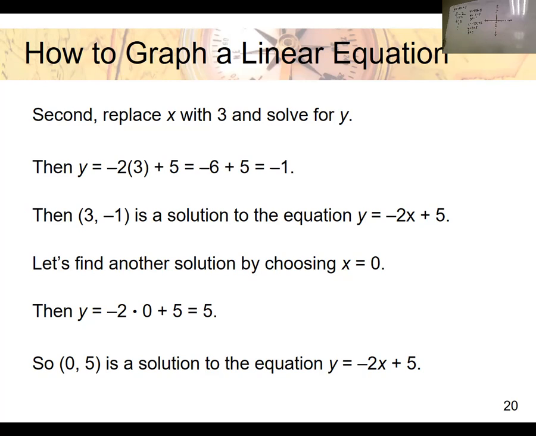For 3, -1, we go to the right 3 and then down 1. There's a point. And then for the ordered pair 0, 5, we stay at 0 but go up 5. And it'll be that point.